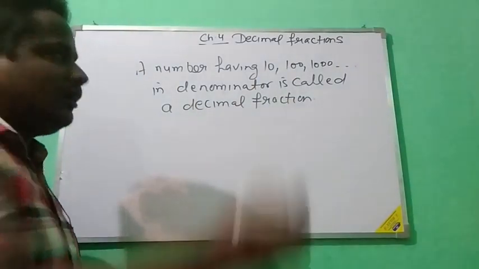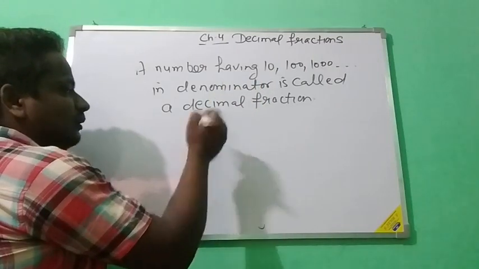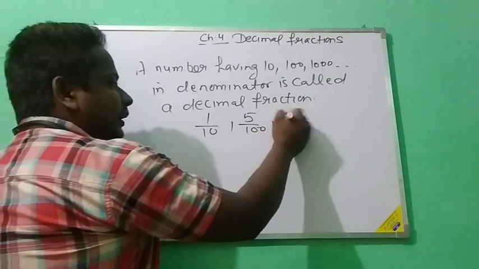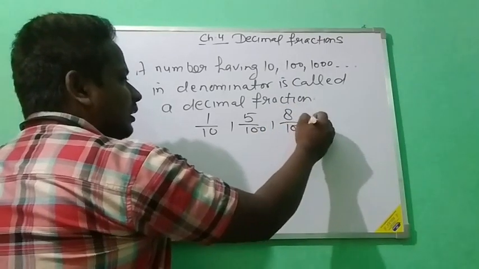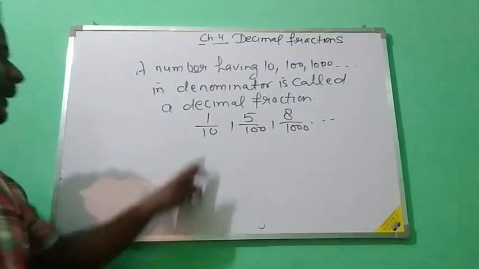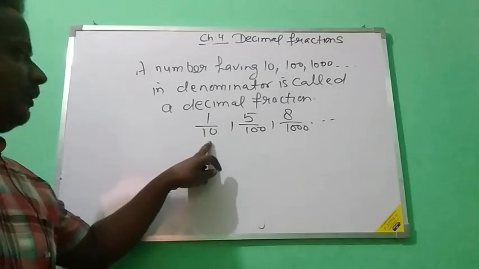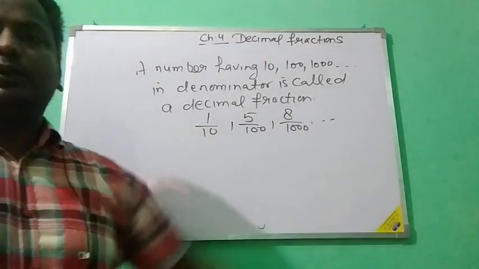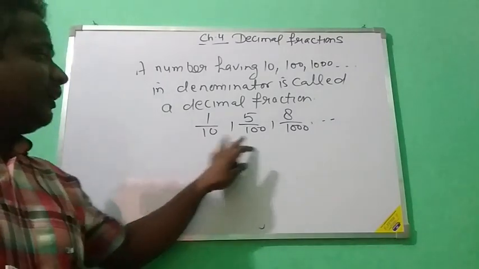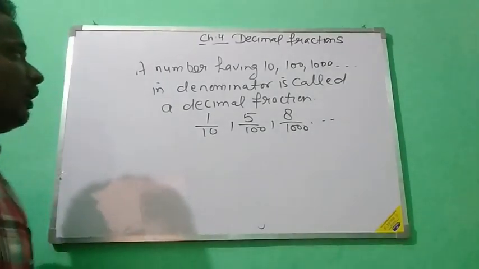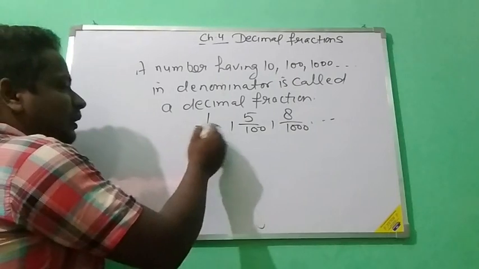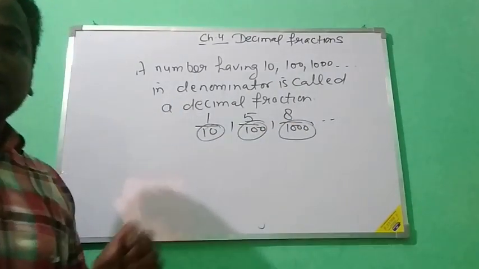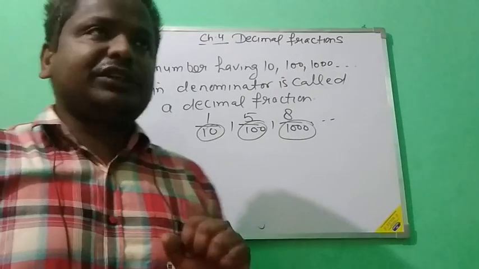Like 1 upon 10, 5 upon 100, 8 upon 1000 and so on. All these numbers have 10, 100, 1000, 10,000 and so on in their denominator. So any number which has 10, 100, 1000 in its denominator is called a decimal fraction.